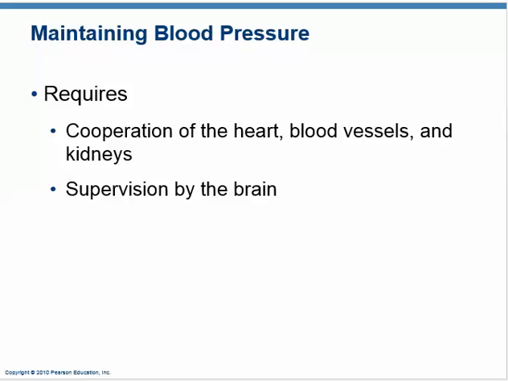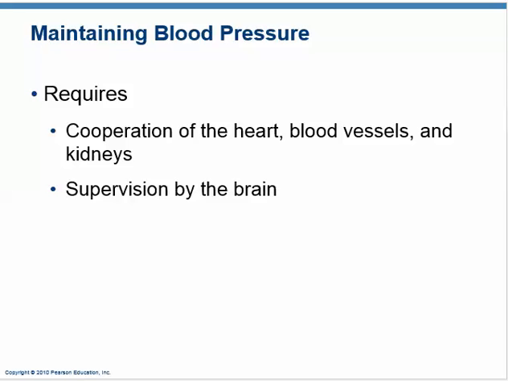So blood pressure is maintained by the pumping of the heart, by the walls of the blood vessel, and by the kidneys, because the kidneys regulate how much blood there is, and also the kidneys are involved with regulating vasoconstriction through the renin-angiotensin system. All of this is being monitored by the brain.